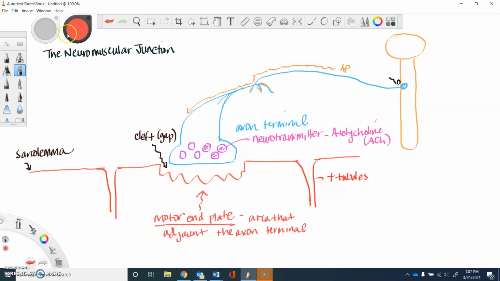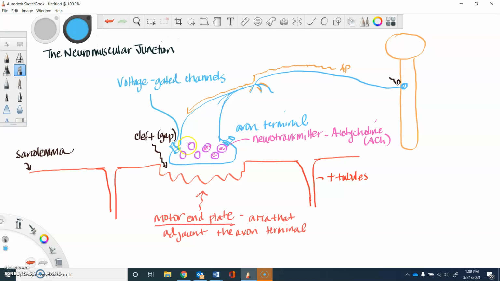So when the action potential comes down the neuron and goes to the motor end plate, there are channels on the end plate, and I'm going to put them here. And these channels are what we call voltage-gated channels. That means that these channels are not always open.